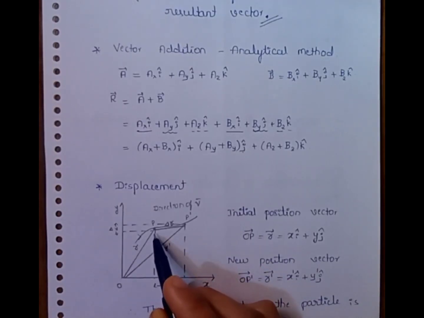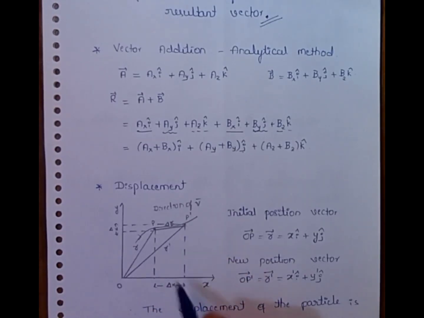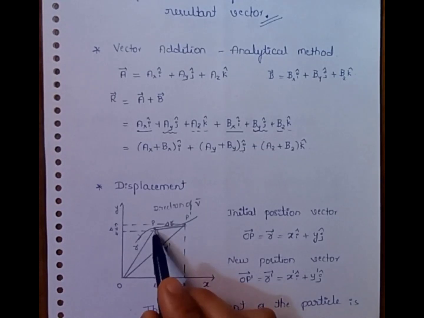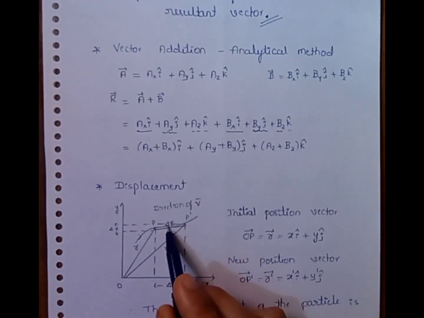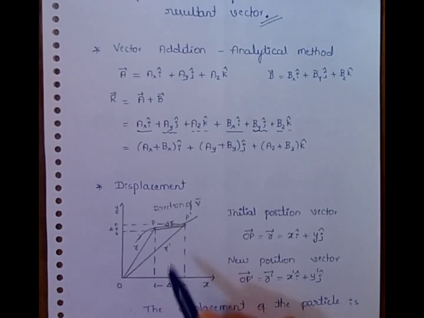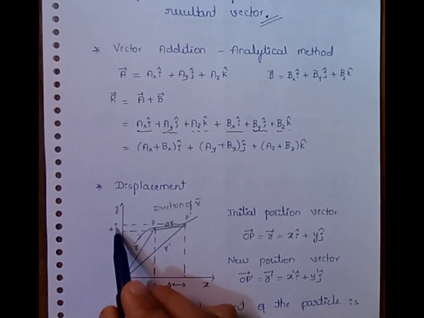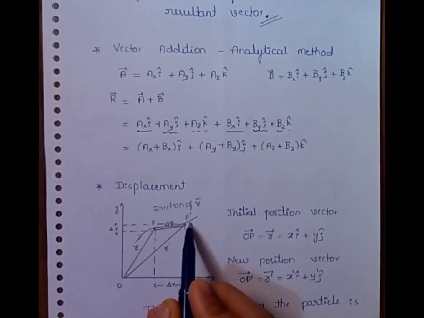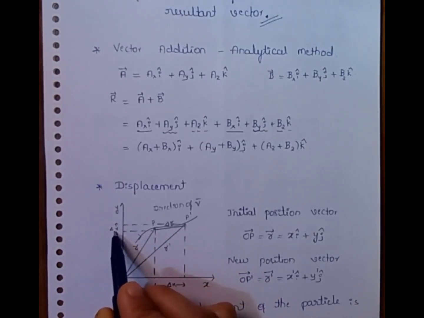Let us join P and P dash on the X and Y axes. The difference of P and P dash gives the small change in position vector, delta R, and along the X axis it gives delta X. Along the Y axis, the change in position of the particle gives delta Y.